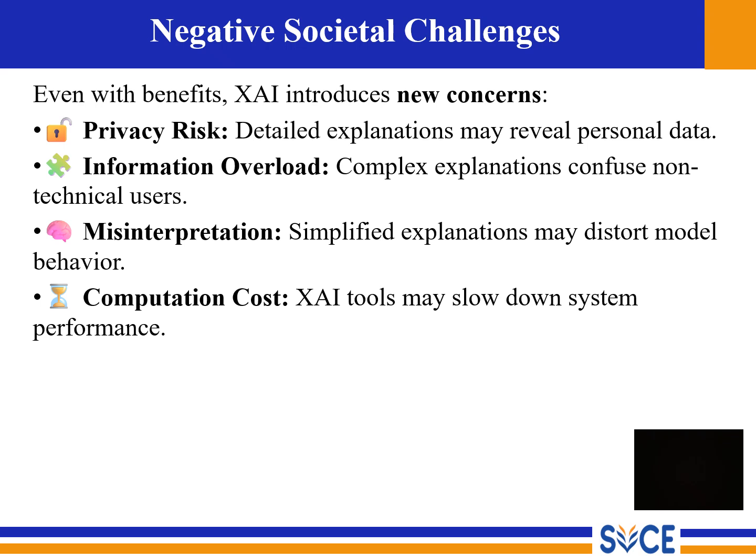The third one is misinterpretation. Simplifying too much can twist meaning, like summarizing a novel in one line and missing the theme. The fourth one is computation cost. Generating explanations takes extra time, especially for big neural networks.